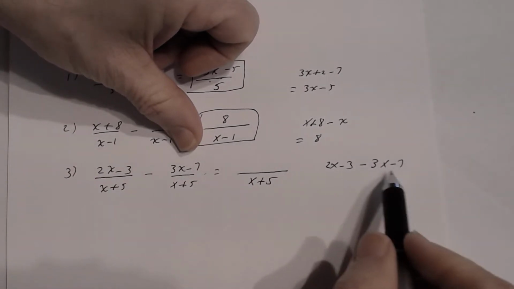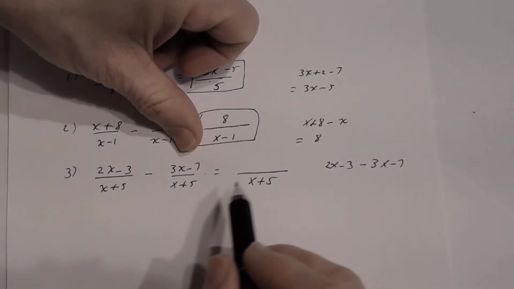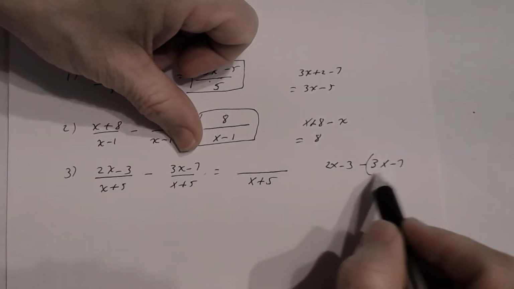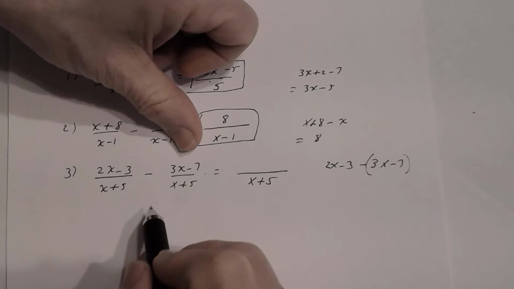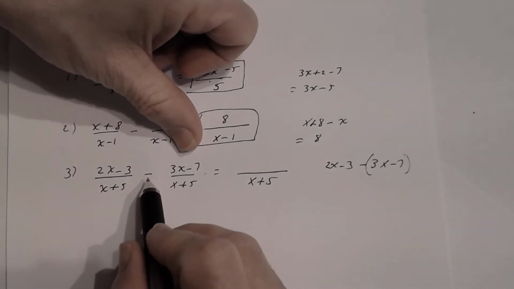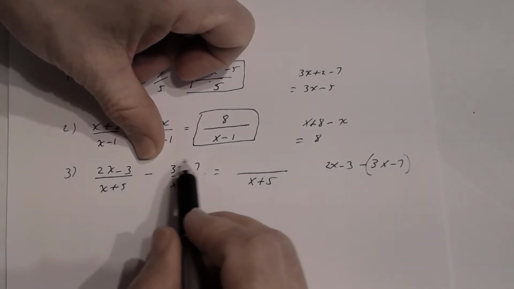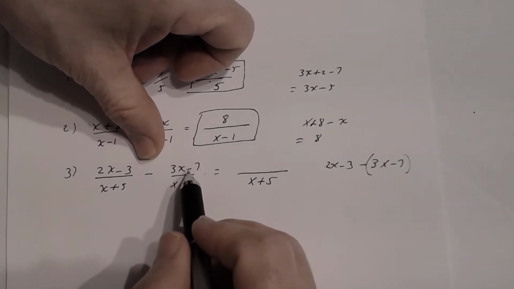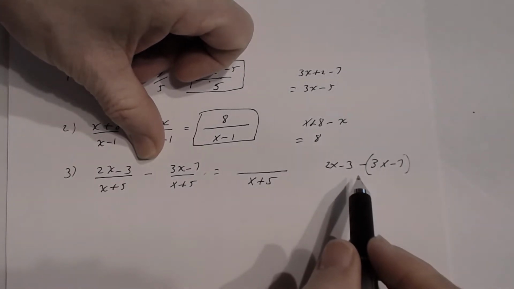And then when you combine like terms, what you put here is going to be incorrect, because you are not just subtracting 3x, you are subtracting 3x and a negative 7. That's what you're subtracting. So when you're subtracting a polynomial with more than one term, in this case it's 2 or 3 or whatever it may be, put that in parentheses.